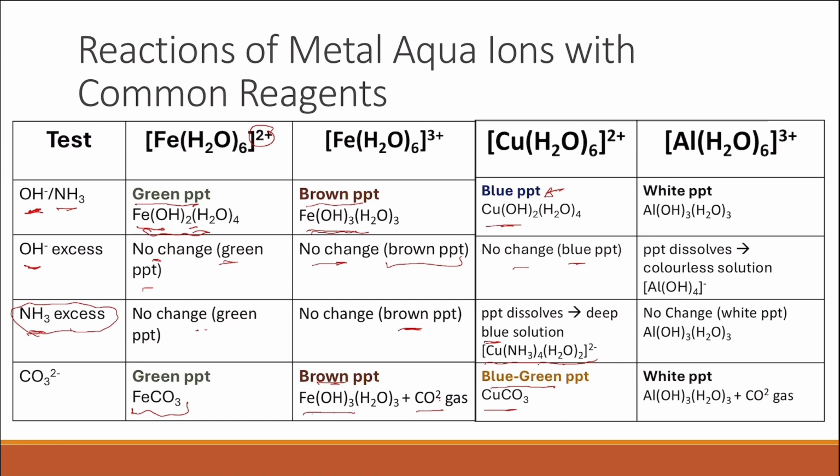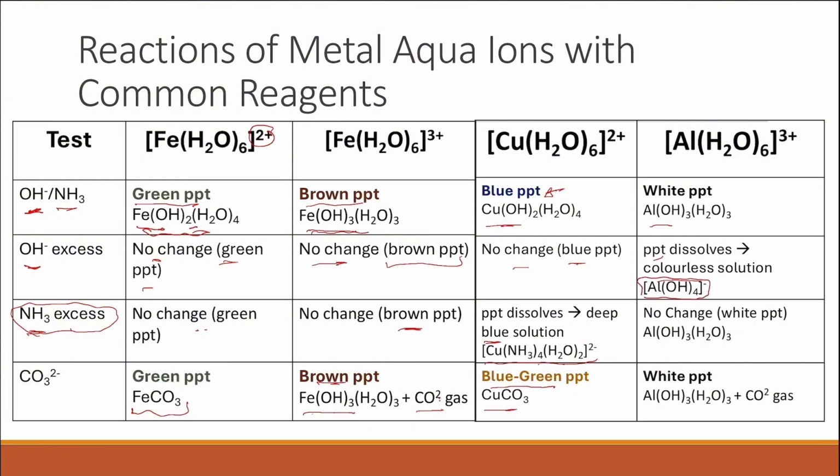Finally, the aluminum equion with hydroxide or ammonia will give you a white precipitate of aluminum hydroxide. If you add excess hydroxide, remember the aluminum hydroxide that was formed when you started adding the hydroxide has an amphoteric property, so it will act as an acid. So the precipitate will dissolve to give you a colorless solution.